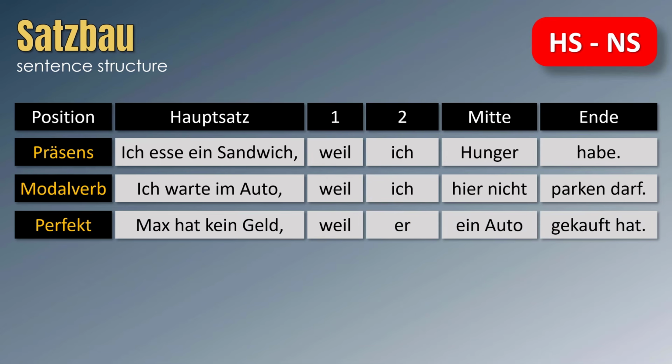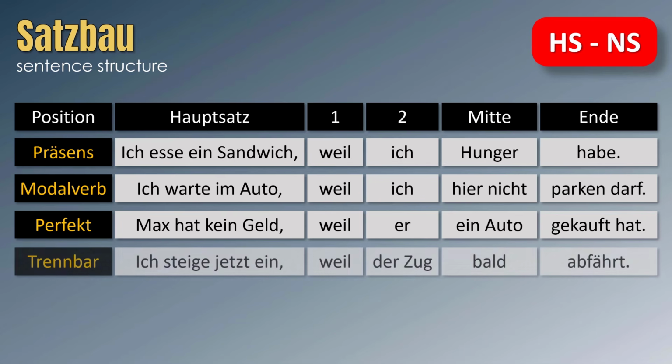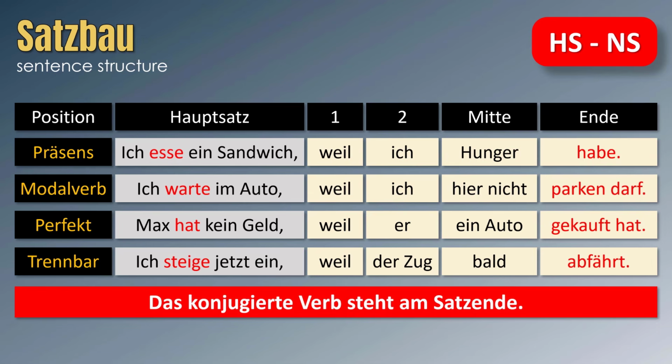Perfekt: Max hat kein Geld, weil er ein Auto gekauft hat. Trennbar: ich steige jetzt ein, weil der Zug bald abfährt. As you can see, in the main clause the conjugated verb is in second position, and in the subordinate clause, most important, das konjugierte Verb steht am Satzende.